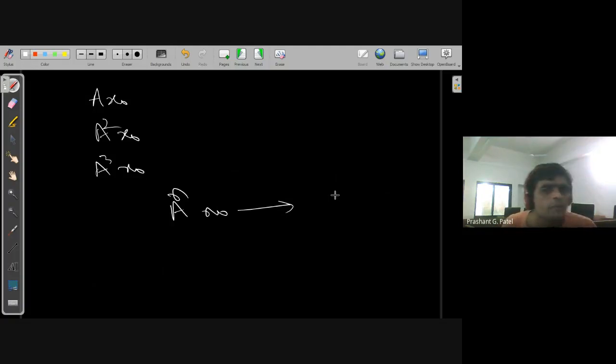This is theoretically proved. We will not go into the detail of why it is true, but it is true, and the rate of convergence is very high. So with that, we'll move on to R.